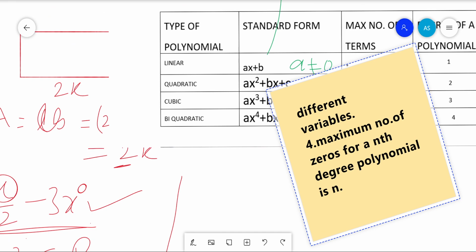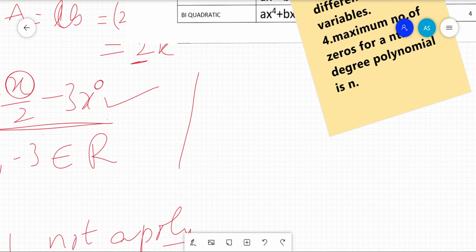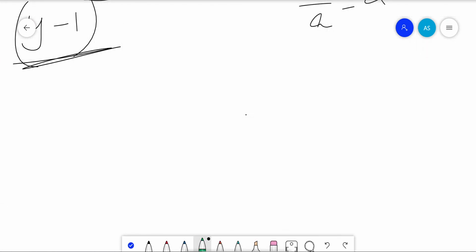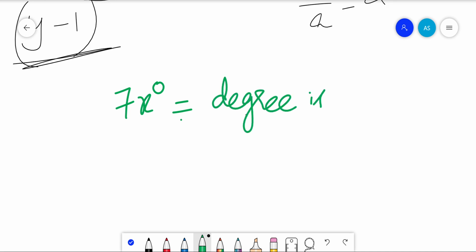Because if you take a constant, suppose 7 is there. 7 is a constant. This can be written as 7x power 0. So what is the degree? Degree is 0. So generally we can say that degree of a constant is 0.